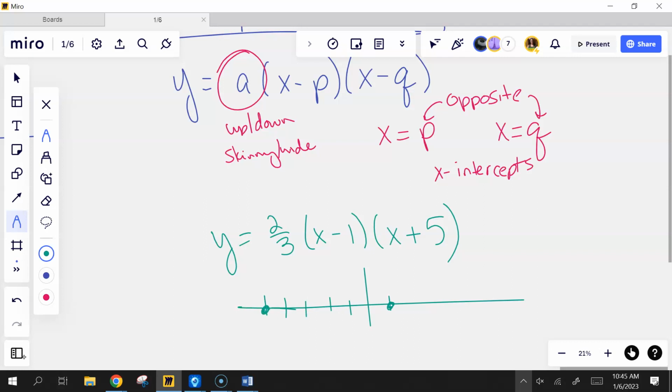Whatever else it does, that's where it crosses the x-axis. It should open up, it should be kind of wide, but that's where it crosses the x-axis.